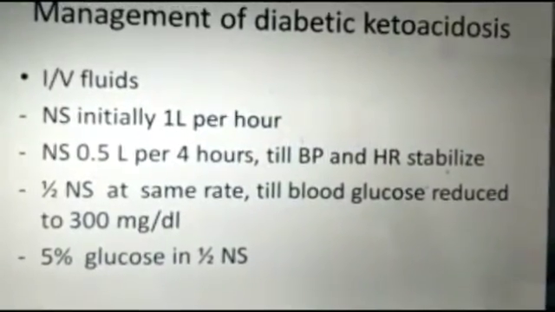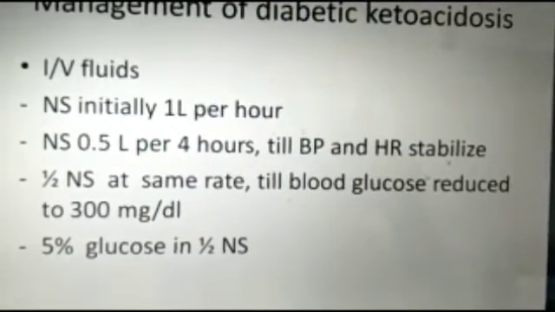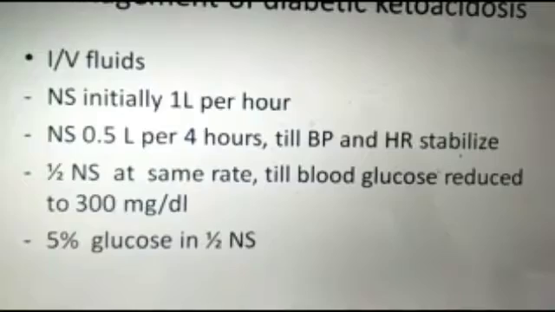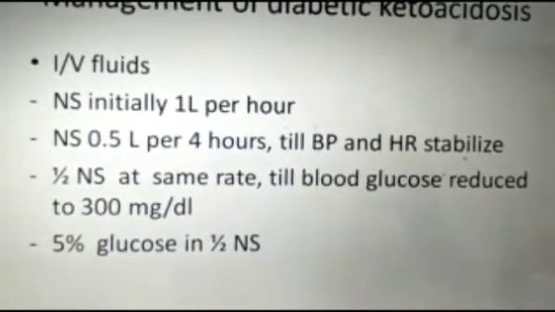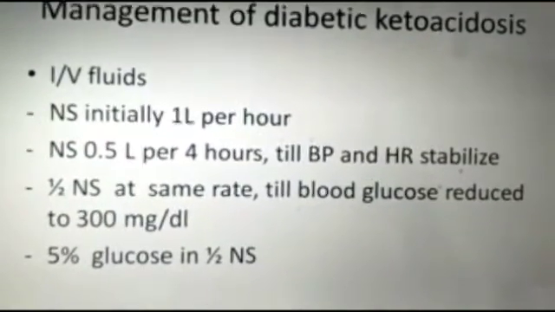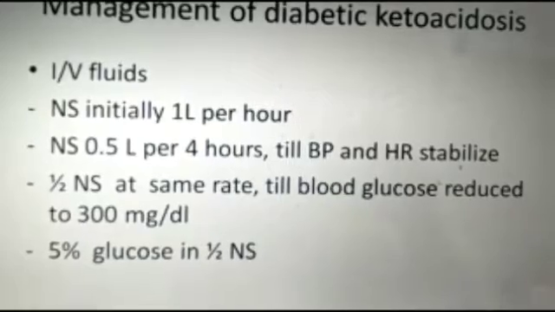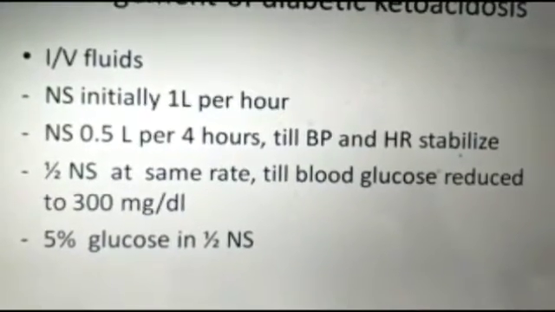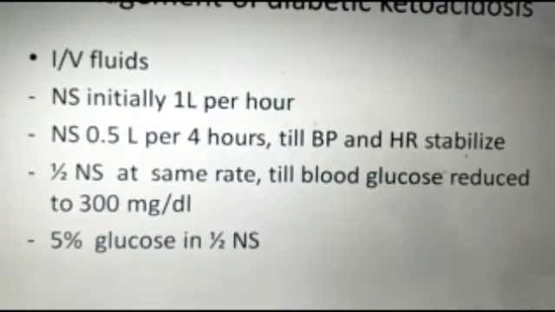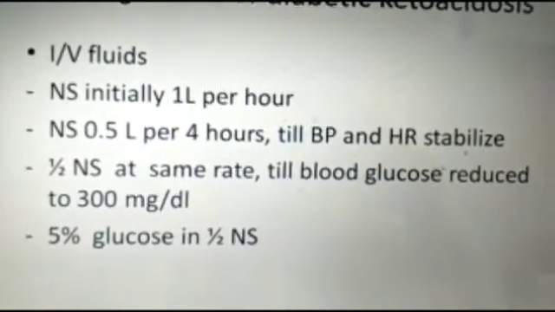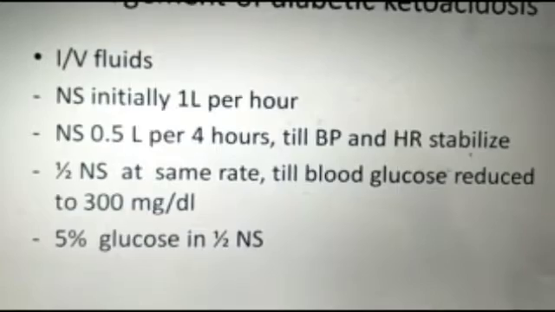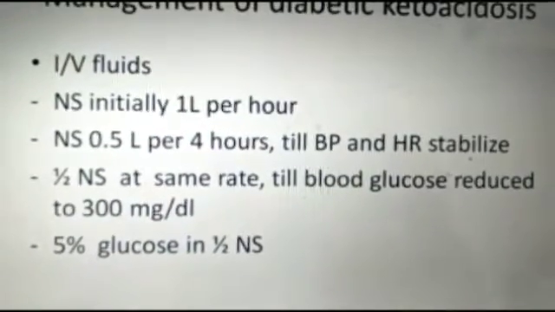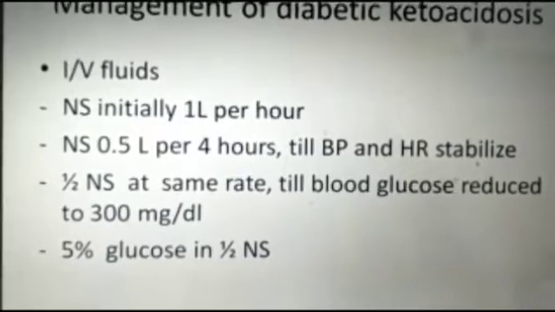So in addition to regular insulin, we need to give intravenous fluids, because an important feature of diabetic ketoacidosis is dehydration, and we need to correct the dehydration so that blood pressure and heart rate are stabilized and perfusion of the vital organs is maintained. Initially, normal saline is used at a fast rate.